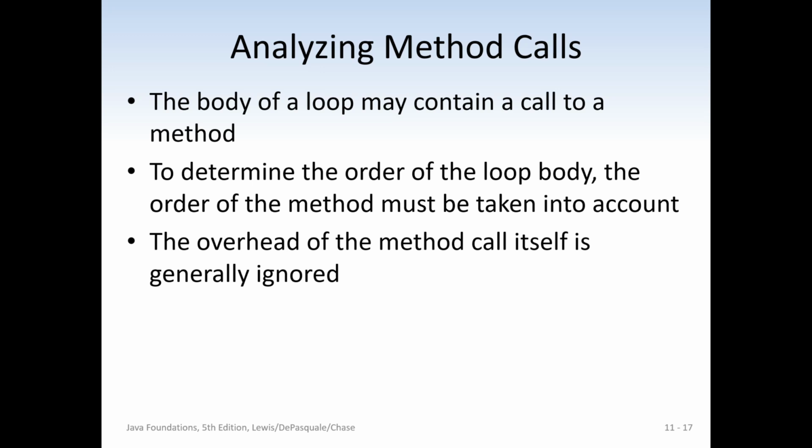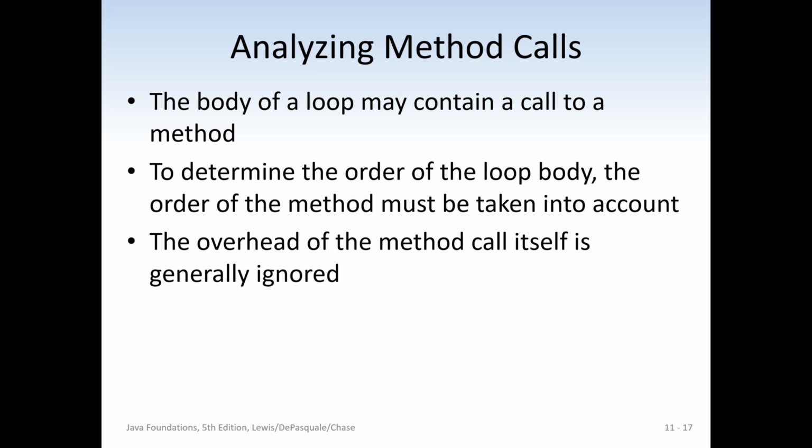We're going to throw away the overhead of the function call itself. It really doesn't matter. It depends on a lot of things, the language, the operating system, there's lots of things that could change the overhead of the call itself. It just affects the k, the constant, but it doesn't affect the actual overall runtime. It would still be n cubed or whatever it happens to be.